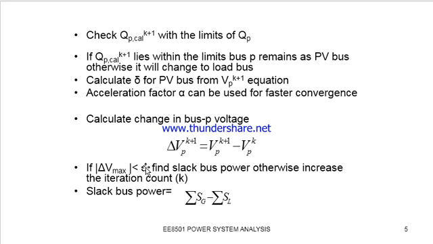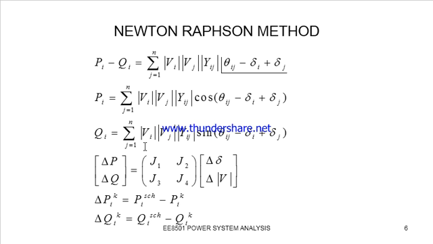If this change is less than epsilon, we have to find the slack bus power, otherwise we have to increase the iteration count and then go with the procedure again. Finally, the slack bus power is equal to the summation of Sg, generation side power, minus summation of Sl, load side power.